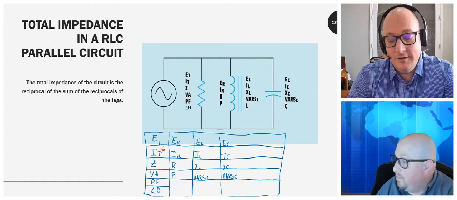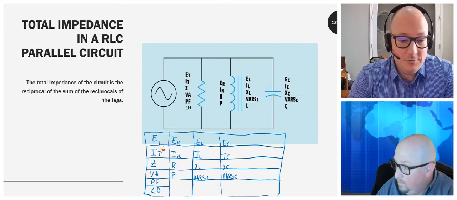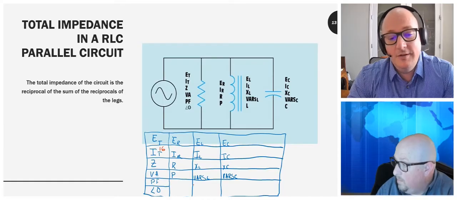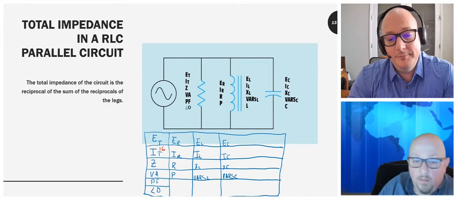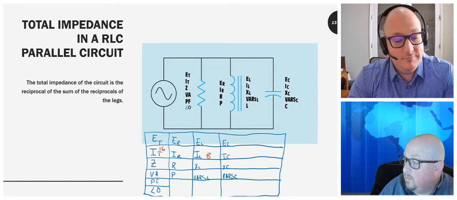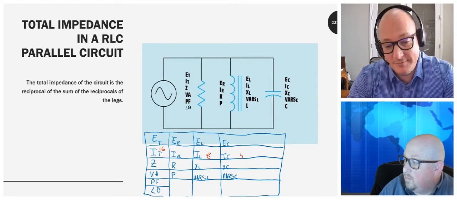We'll do 8 amperes of current flow through the inductor, and 5 through the capacitor.